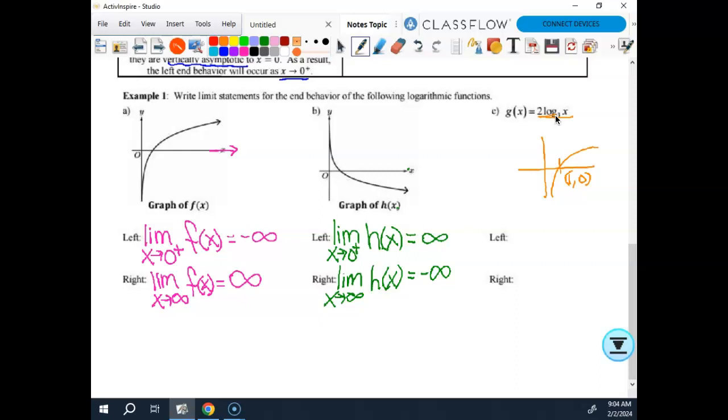Okay? So my left hand, once again, will you go ahead and write these out? I think you can write these limits out. And it's been a minute since we wrote them, okay?